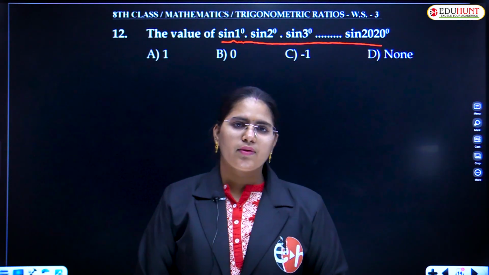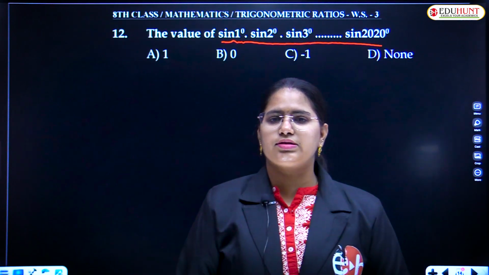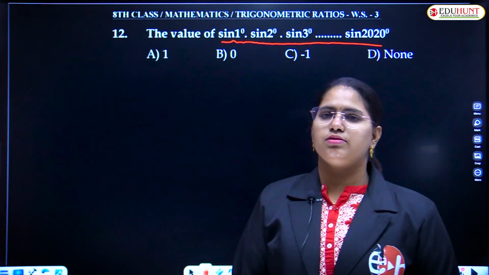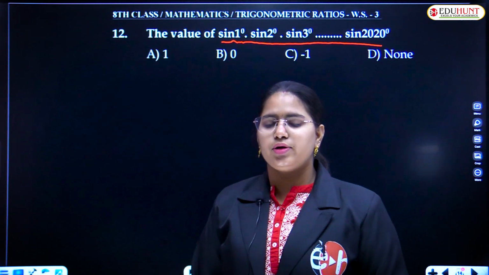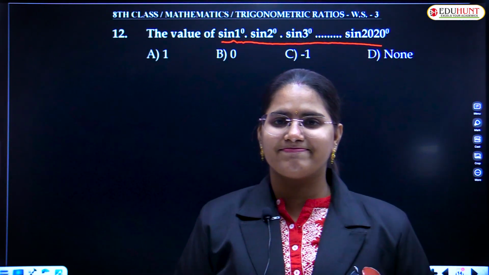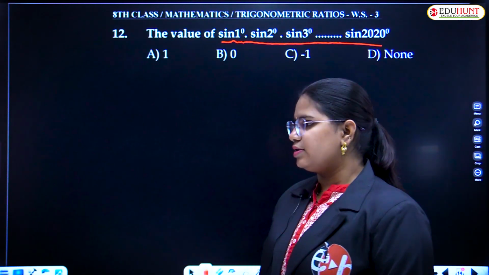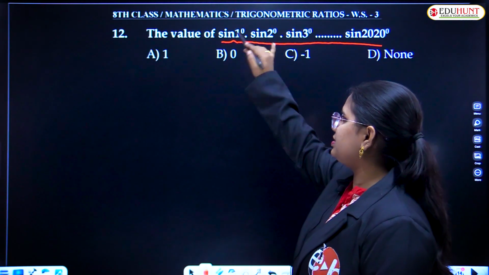Let's check. Excellent Rahul, excellent. What is the answer? 0. Very good. Obviously it is correct. But could you please tell me the process? Don't worry guys. The problem is actually very easy.